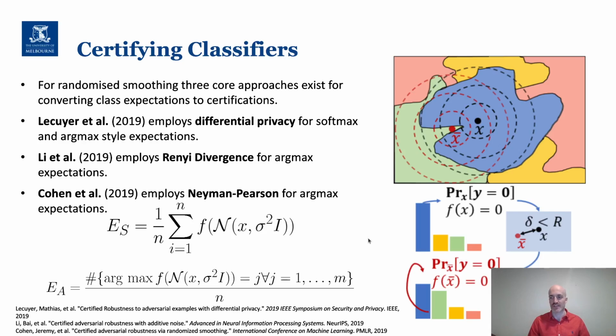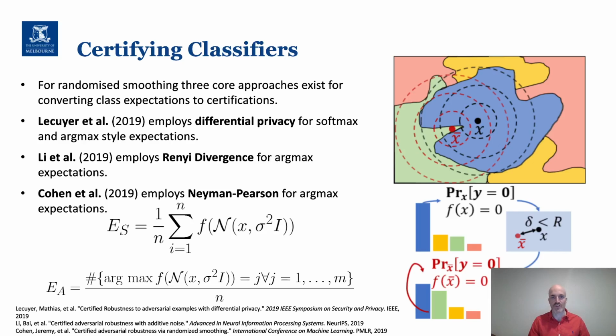Basically, a softmax style expectation just takes the average of the softmaxes over the class set of the outputs, whereas the argmax style takes the argmax of each output, and so our expectation ends up being the count of times the particular class was selected divided by the number of total samples that we pass through. So LaCoya style certifications work for both softmax and argmax style output layers.